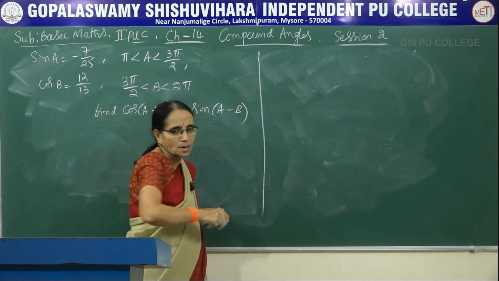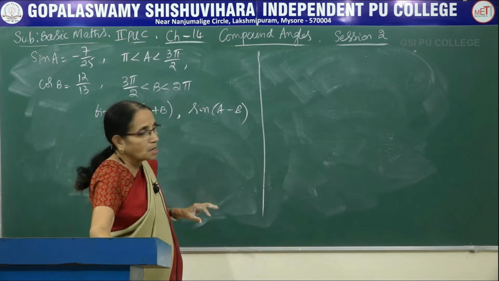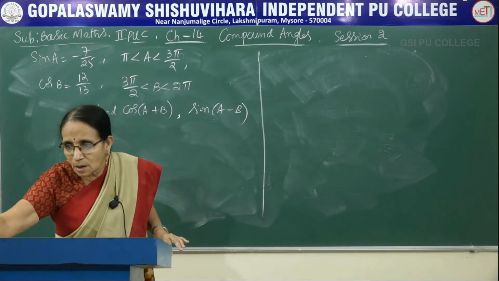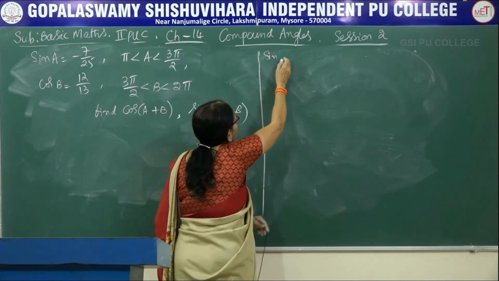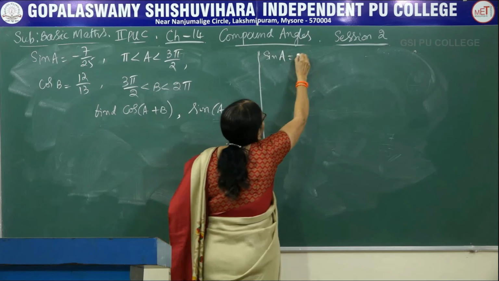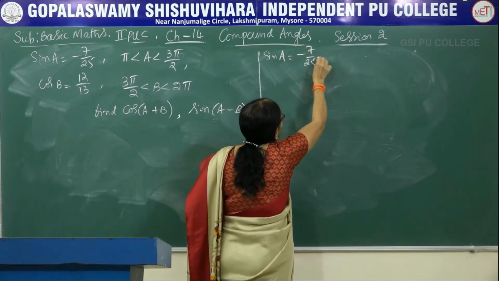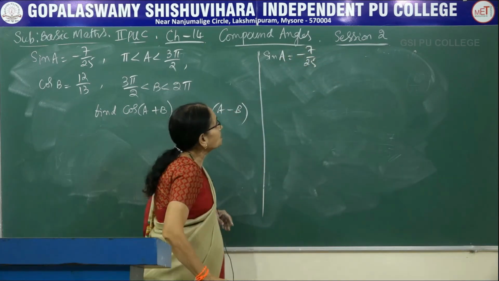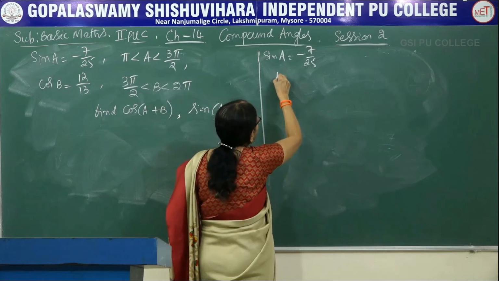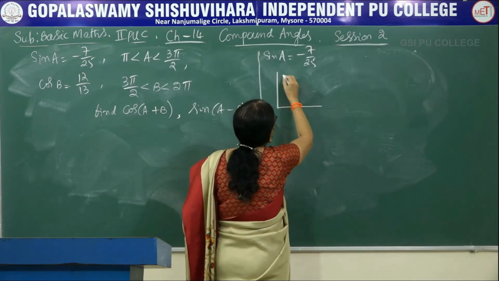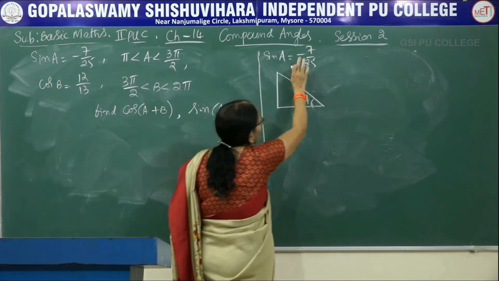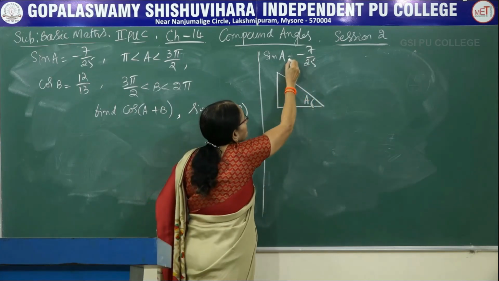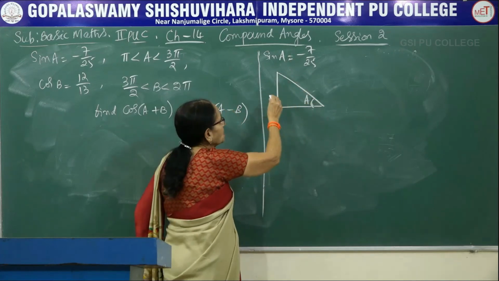Now, let me consider the first data, and according to that, let me write the diagram. First one is sin A equal to minus 7 by 25. Let me draw the diagram here. Draw a right angle triangle, mark it as A. Though minus is there, simply write according to the definition.